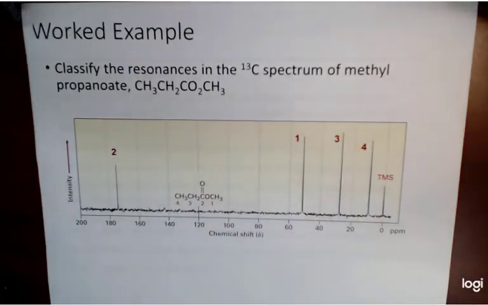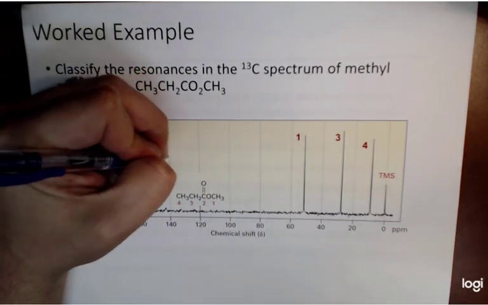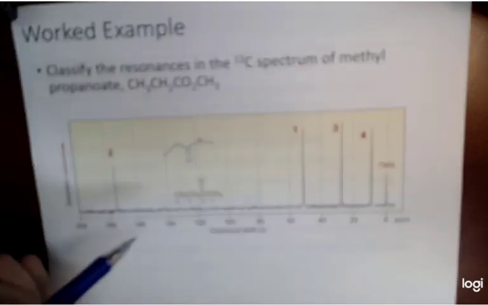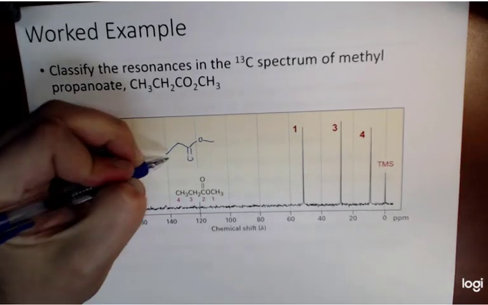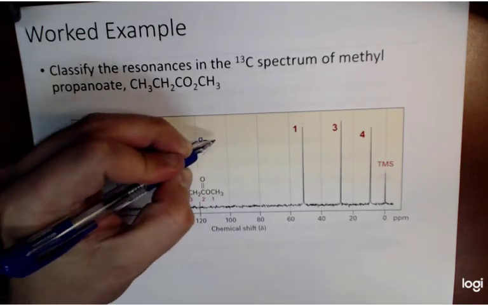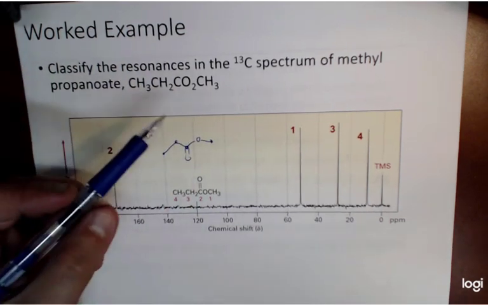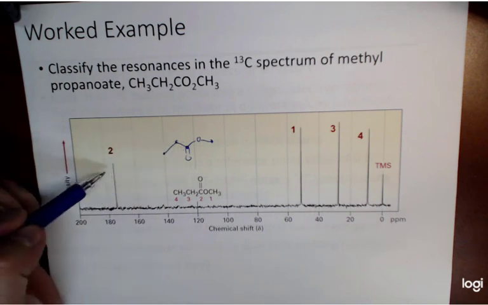Okay, all right. And so looking at what we have here, yet again, you want to look at your structure. There is no symmetry here, so there's going to be 4 different carbons. You also want to be able to tell the carbonyl carbon, that's going to be the one that's the most downfield.